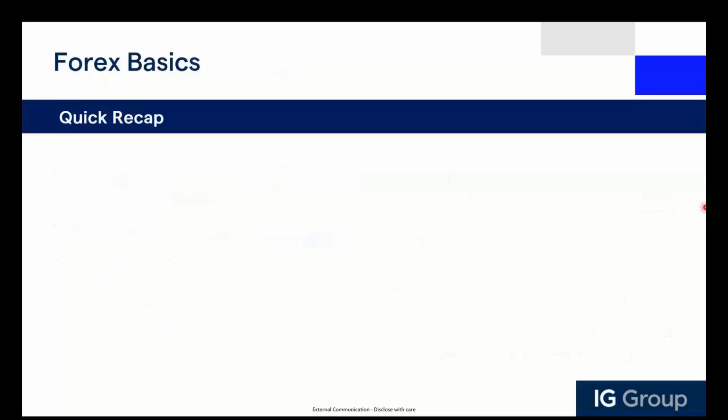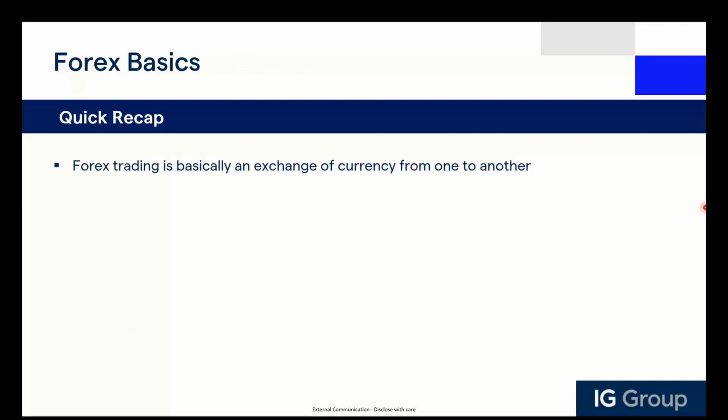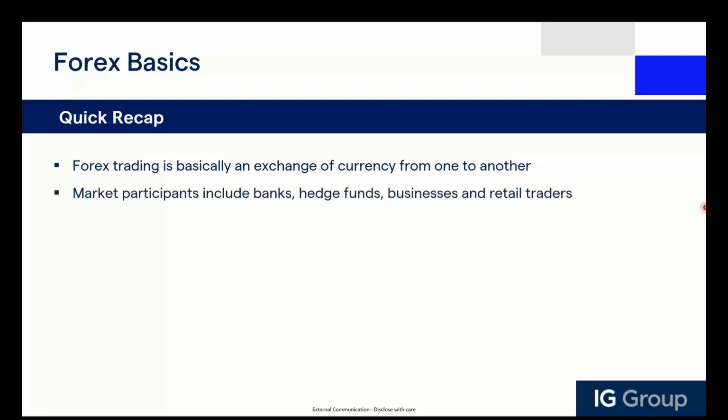Okay, so just a very quick recap of what we have covered so far. In a nutshell, forex trading is, in layman terms, exchanging one currency to another. So what we are trying to speculate is the exchange rate. Next is the market participants.